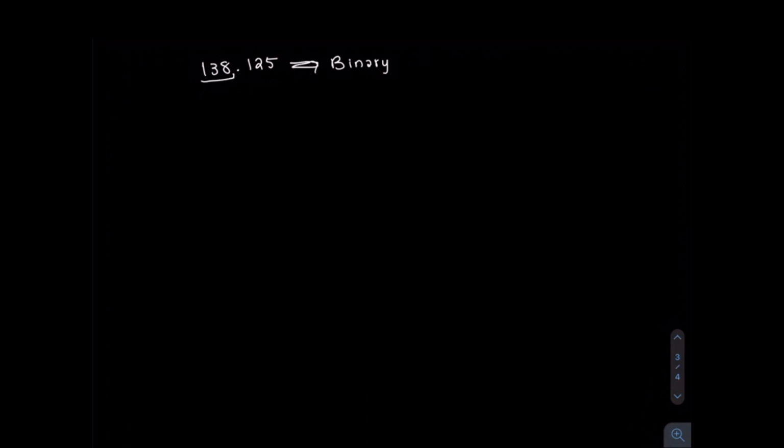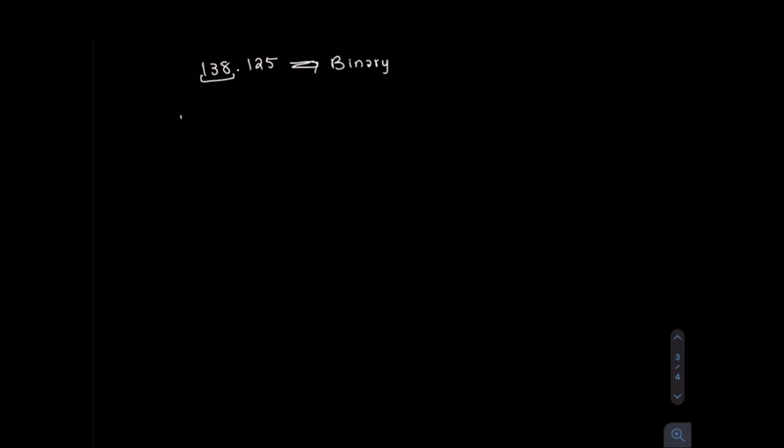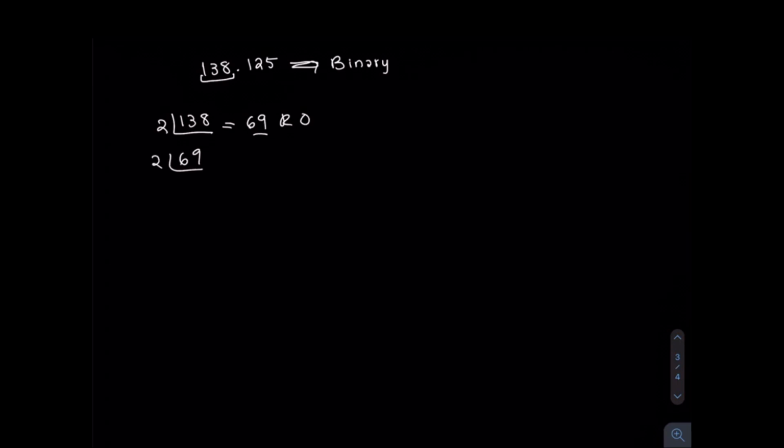First of all, we will take the left side and convert it by itself. You can choose any different way that you want to solve it. I choose here to just divide it by 2. So 138 divided by 2 will equal 69 with the remainder of 0. Then take 69 and divide it by 2, it will equal 34 with the remainder of 1. Then 34 divided by 2 will equal 17 with the remainder of 0.